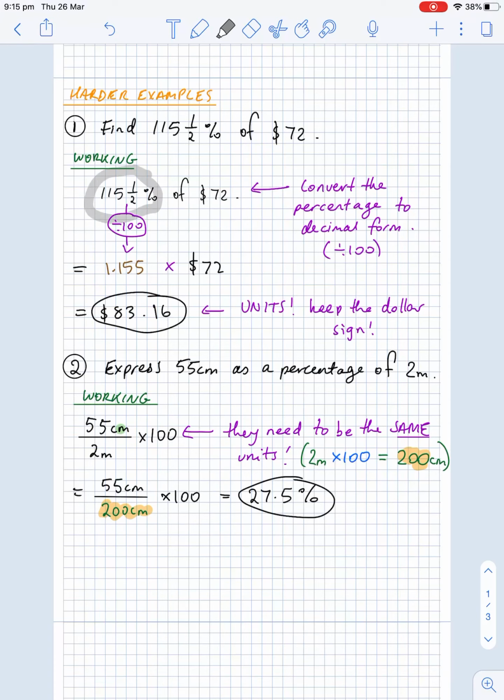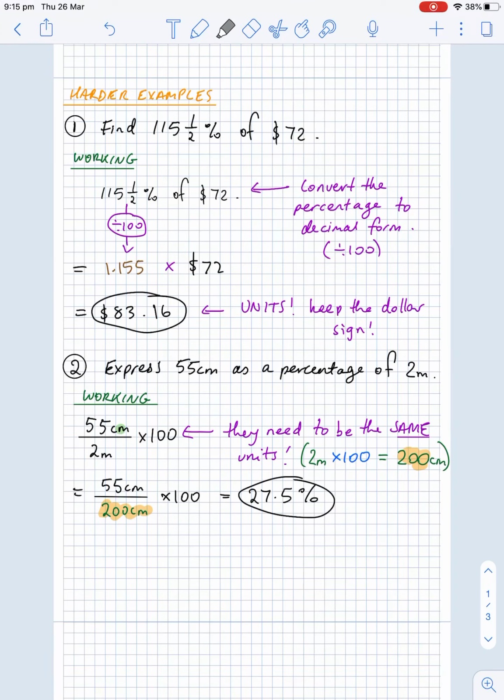To change this to its decimal version, you've got to divide by 100, and you get 1.155. Remember, the SD button can help you out with this. And then you just multiply it by 72, and that's going to be your answer. Now notice, we were finding a percentage of an amount of money, so keep the units the same: dollars. Really important that you remember your units.